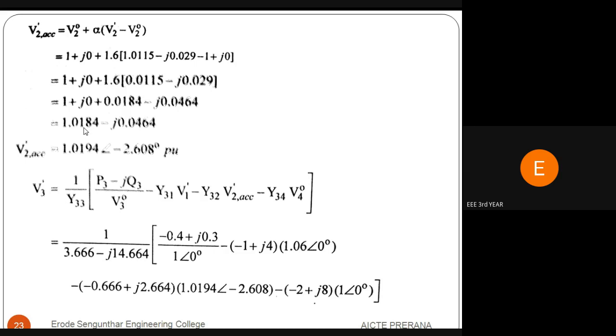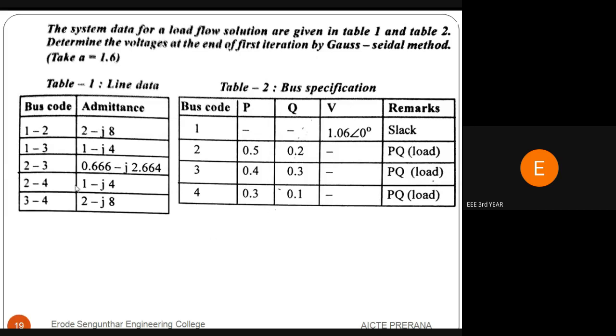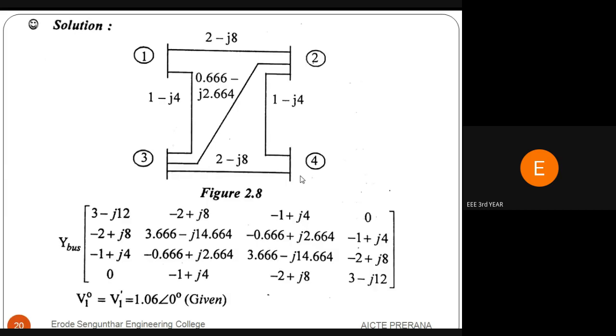Now substitute the values. Y33 is taken from the Y bus matrix, and its value is 3.66 minus j40.664. The P3 value is minus 0.4 plus j0.3, which is given in the problem, that is 0.4 and 0.3. No confusion at all.